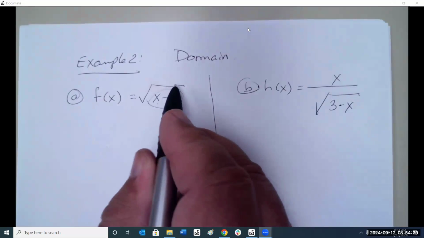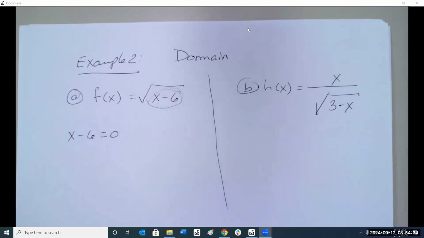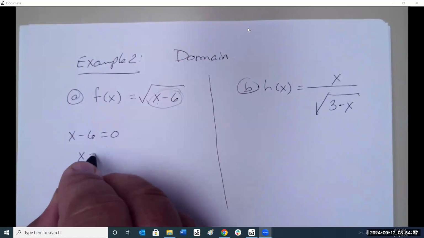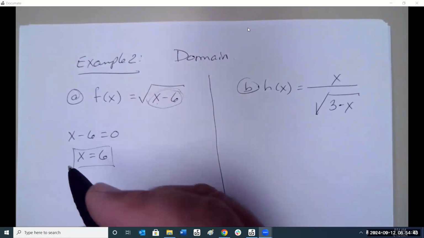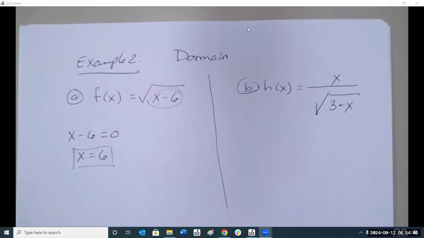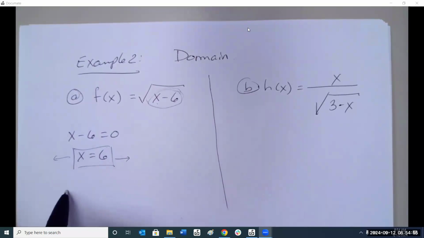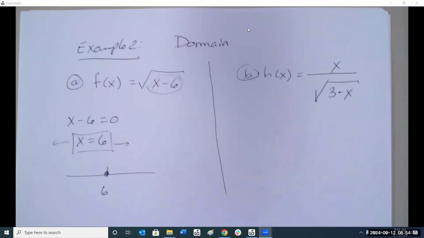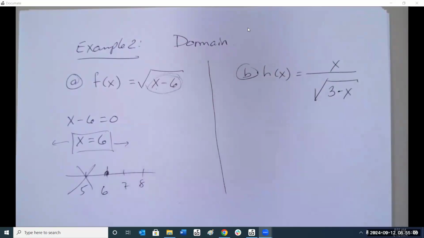So whenever you have radicals, you want to find out what the domain is, take the inside of there and set it equal to 0. So this is the smallest number that gives me 0. Now, we can either go to the right of 6 or we can go to the left of 6. If we put 5 in there, what happens? We have a negative, so we can't use that. If we put a 7, 8, 9, or whatever, then it works.